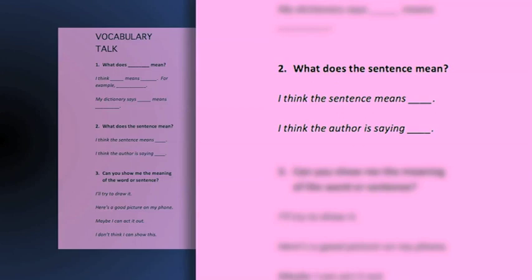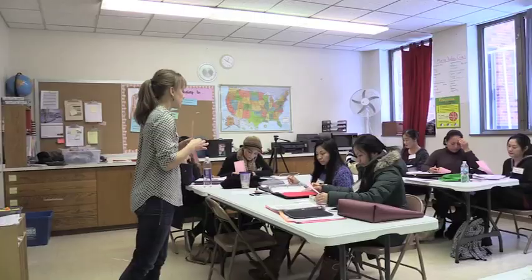So I want you to turn to your partner and tell them what it means, but you're going to try to use different words. Not just the words that are on the paper, but different words to show that you understand the meaning of the sentence. Okay? So turn to your partner. I think the sentence means, or I think the author is saying. Okay? That sentence.